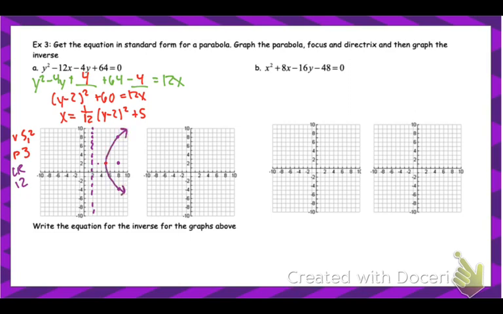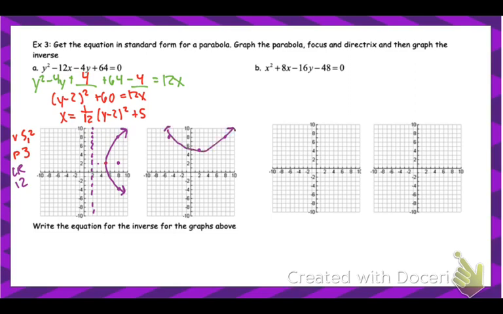And the other thing this asked us to do was to find the inverse. So to remember, to find the inverse, we switch x and y. 5, 2 was my vertex, so 2, 5 will be the vertex of the inverse. Then 8, -4 was, so -4, 8 will be. Same thing, 8, 8 was, 8, 8 will still be on there.